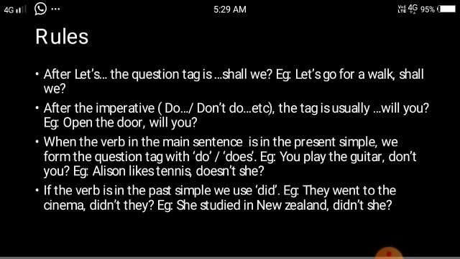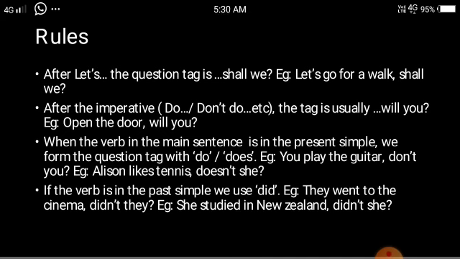Next. When the verb in the main sentence is in the present simple, we form the question tag with do or does. You play the guitar. Don't you? So this is a sentence in the simple present tense, and the auxiliary verb is not present. You cannot see it, but you understand. You play the guitar means you do play the guitar.